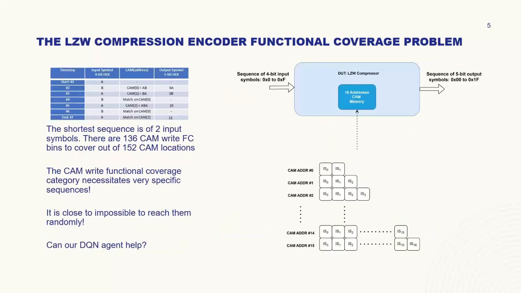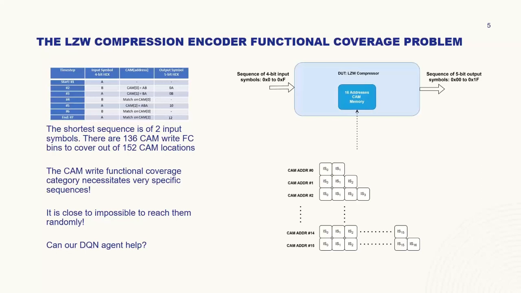So in order to appreciate the work of this agent, I took a DUT which is an LZW compressor. Now in an LZW compressor, basically you have a sequence of incoming 4-bit symbols, it's a dictionary-based compression, and they are compressed into 5-bit outputs.